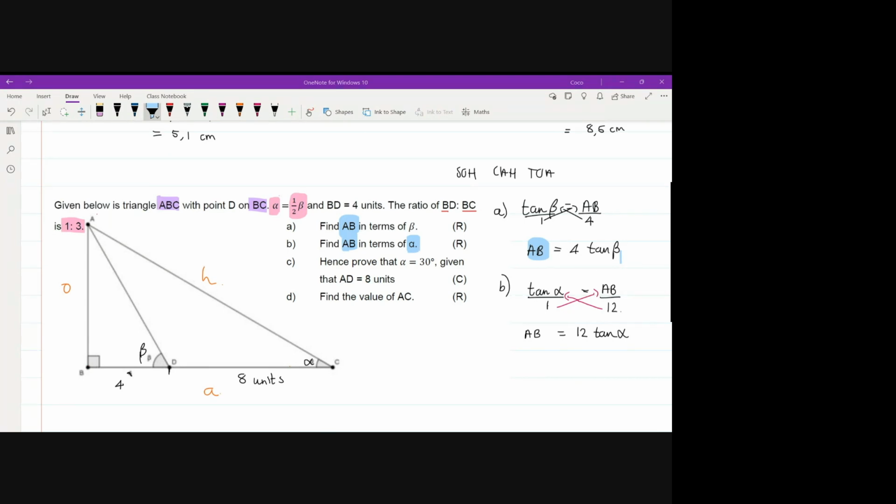All right, let's talk about C, because they're using the word hence. Who can tell me, what does hence mean? Therefore, but hence is very specific.